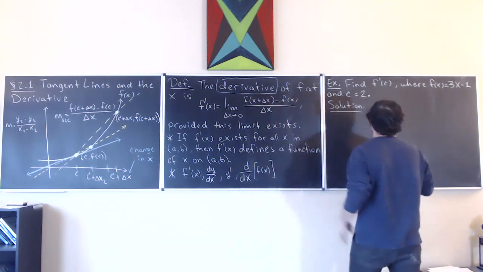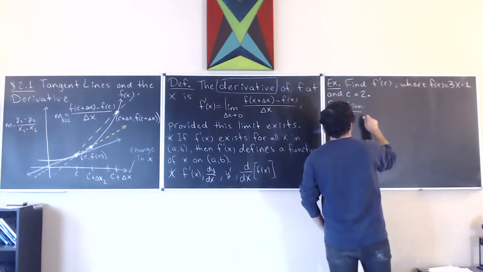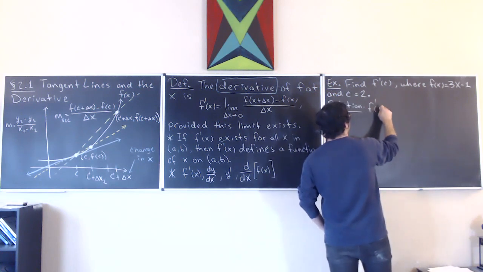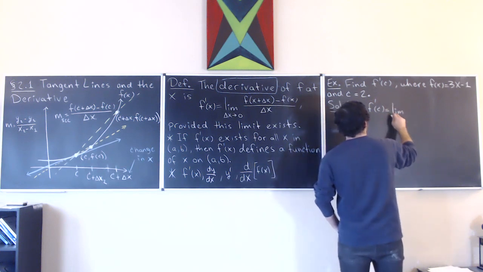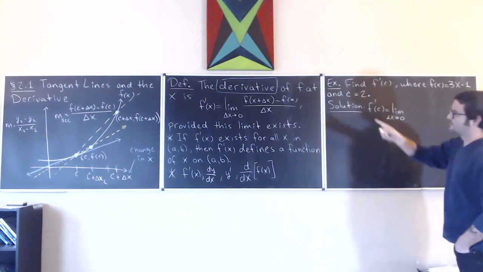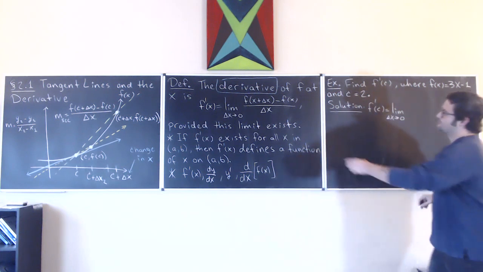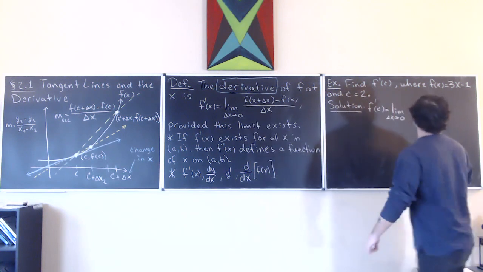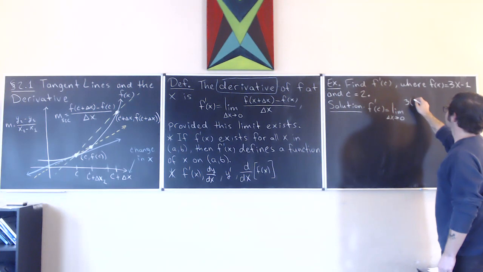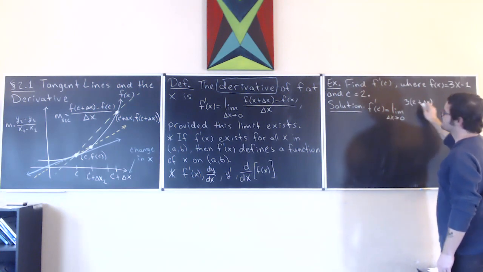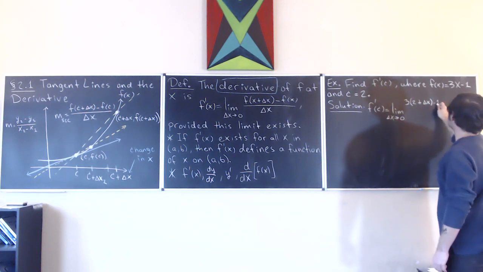So we just need to look at this limit. f prime of c is equal to the limit as delta x goes to 0 of the difference quotient. So f of this is going to be 3 times 2 plus delta x, minus 1.